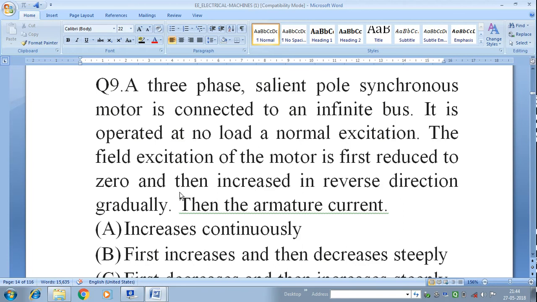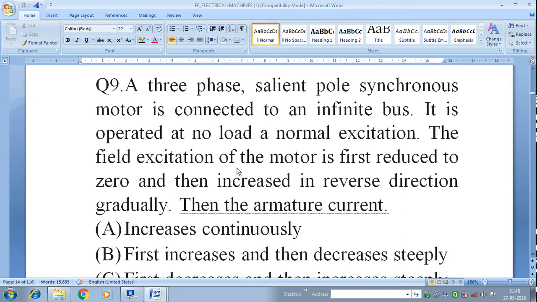It means already we know the back EMF. In case of DC motor, the back EMF depends upon speed of the armature. But in case of synchronous motor, the back EMF only depends upon the field excitation, because here the speed always remains constant. In case of synchronous motor, the speed always remains constant. Therefore, the back EMF only depends upon excitation.